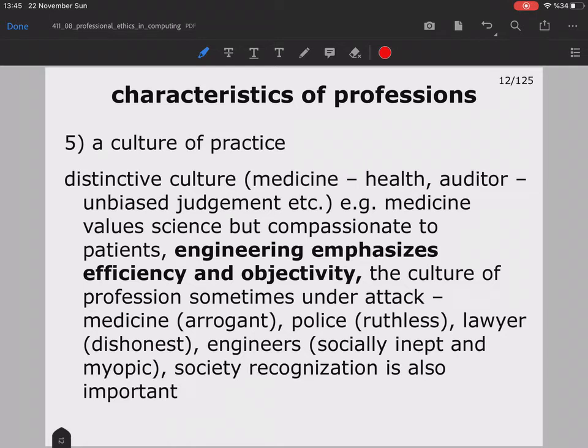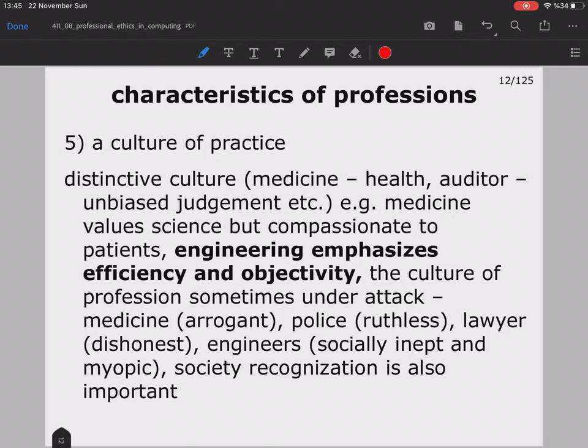And the culture of professions sometimes is under attack. Sometimes it is easy to see other people in society see these profession members as stereotypes. Like the doctors are usually called arrogant. The police are seen as ruthless, for example, and lawyers are generally understood as dishonest people, and engineers, again, are often seen as socially inept and myopic.